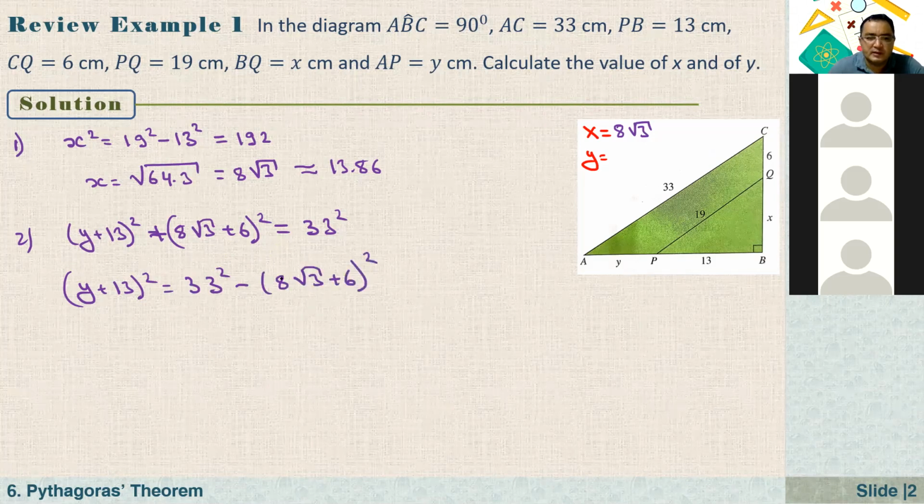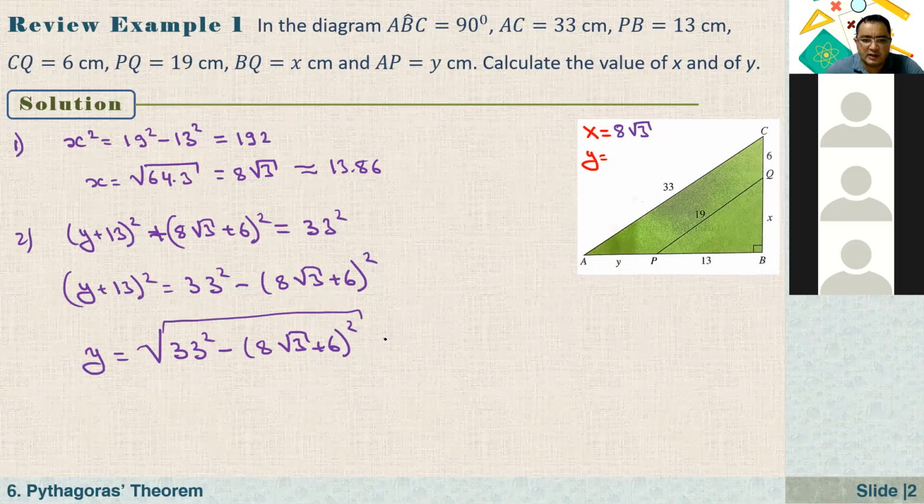Now from here we need to find y, so I should take the square root of both sides and then take 13 to the left hand side. So y is equal to square root of 33 squared minus 8 times square root of 3 plus 6 squared, and here we have minus 13. Is this y plus 13?